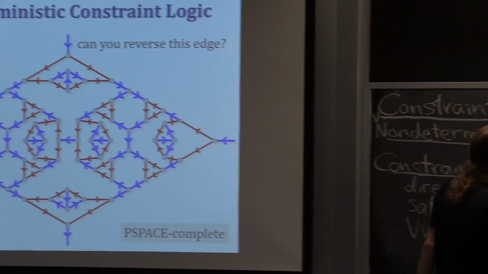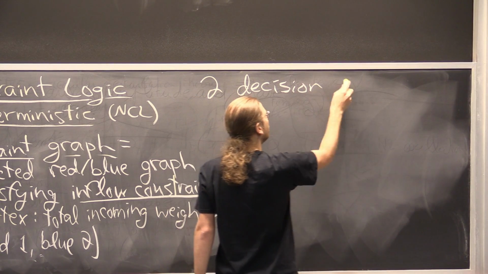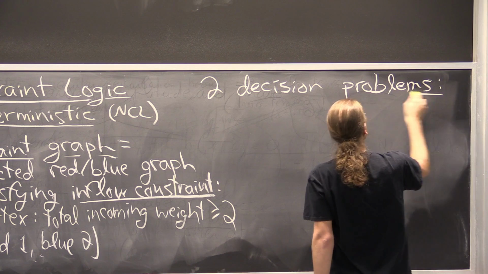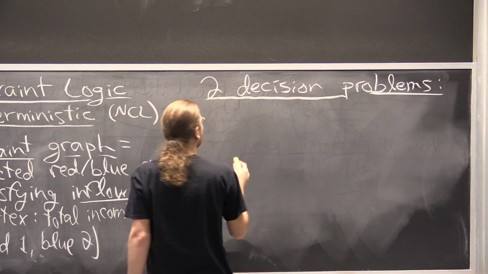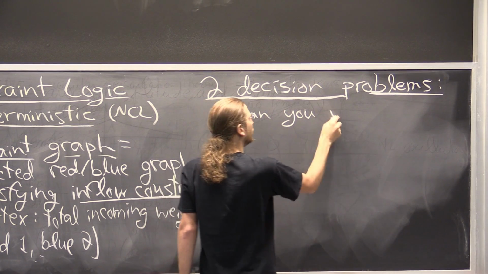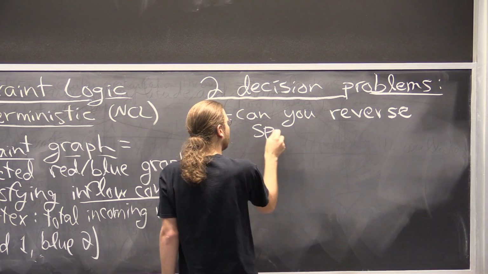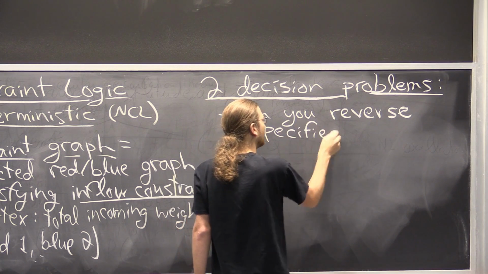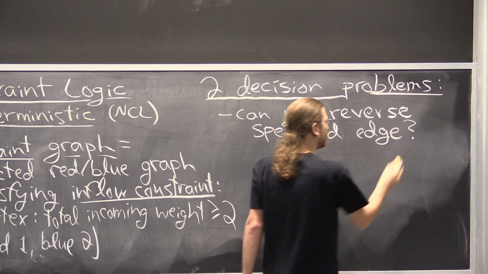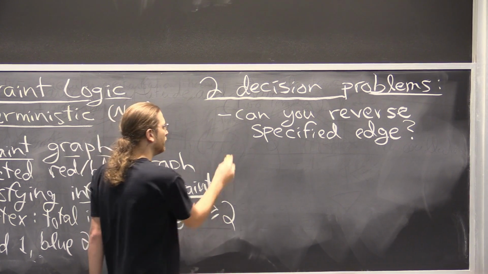There are actually 2 decision problems we can think about. That one is the most common, I should say. Can you reverse a specified edge given a constraint graph? Meaning, is there a sequence of moves and the last move is reversing the target edge?